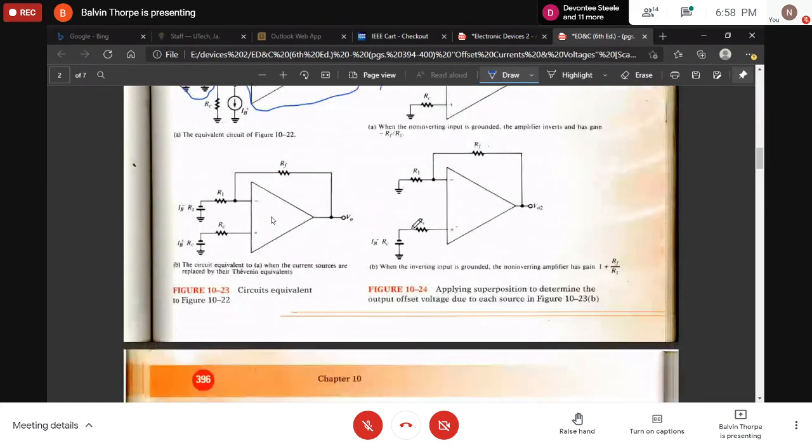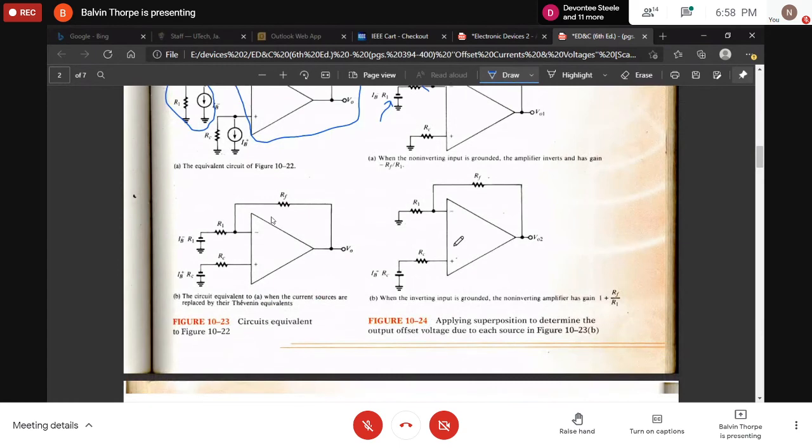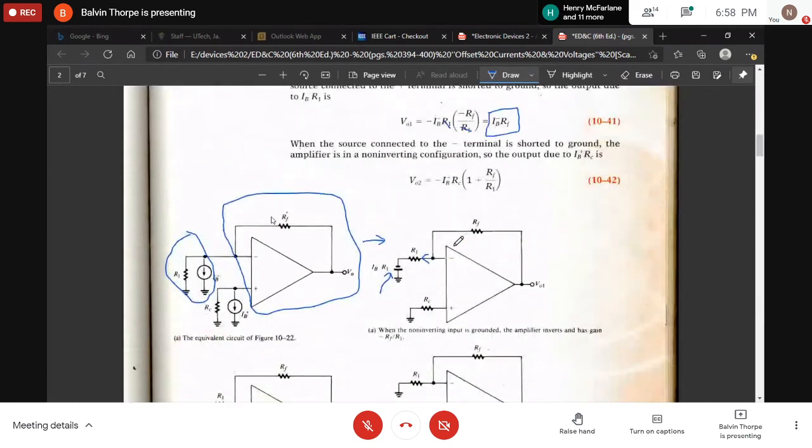So even for the non-inverting amplifier, we have a minus right here, because the current is going in the opposite direction to what we're thinking it should go. That's why we have a minus sign. Even the polarity of the battery, with negative at the top, shows this.